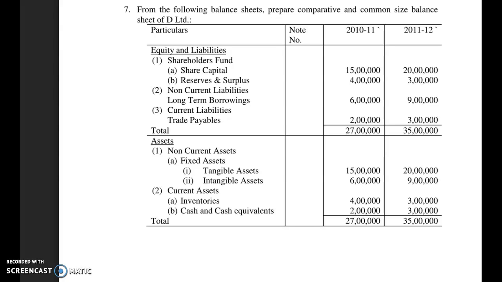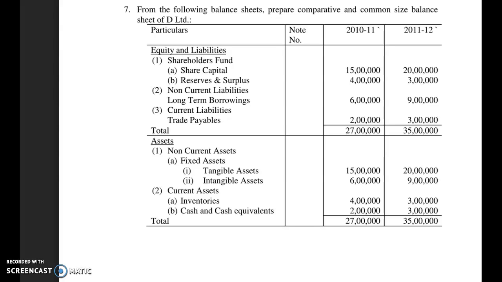Now how is this comparative balance sheet to be prepared? Very simple. In addition to these two columns for the amounts, you have to draw two more successive columns. The first column will show the absolute increase or decrease in terms of amount. I will show you how.